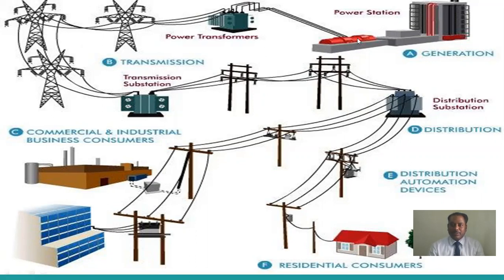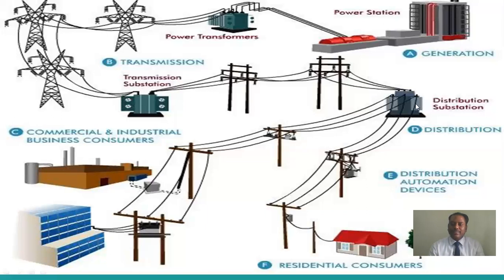So in generation, power is generated. In transmission, the power is transmitted, and finally the power reaches the distribution substations. The distribution substation is the intermediate point between the transmission and the end consumers.